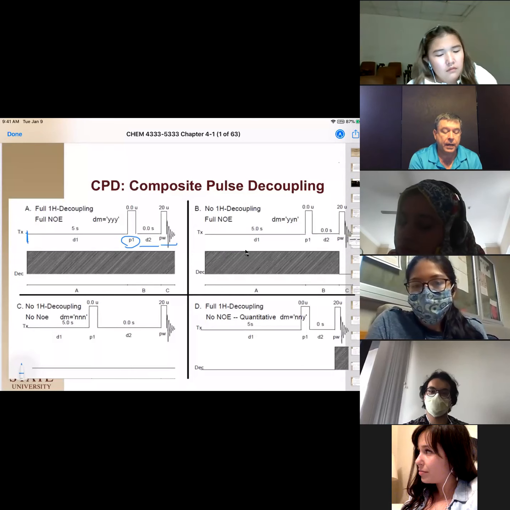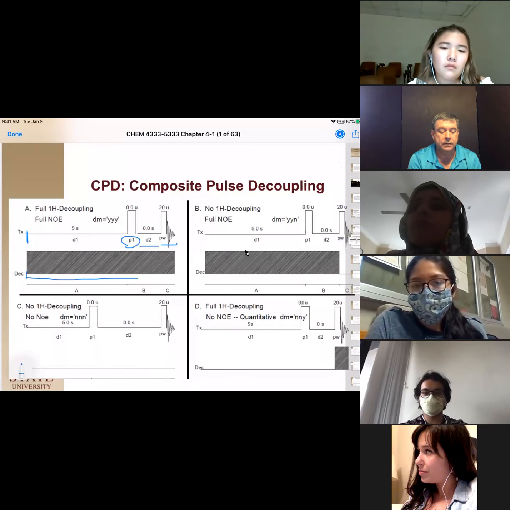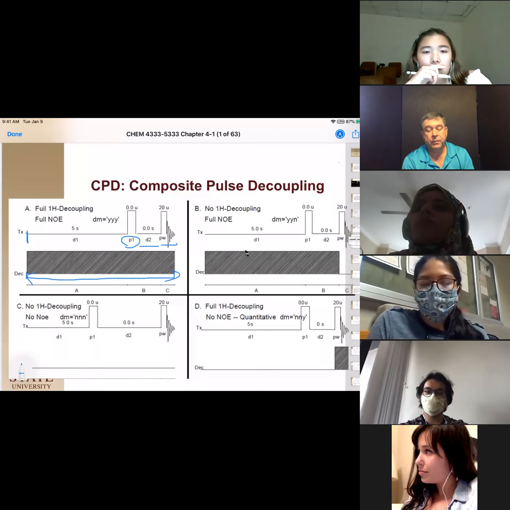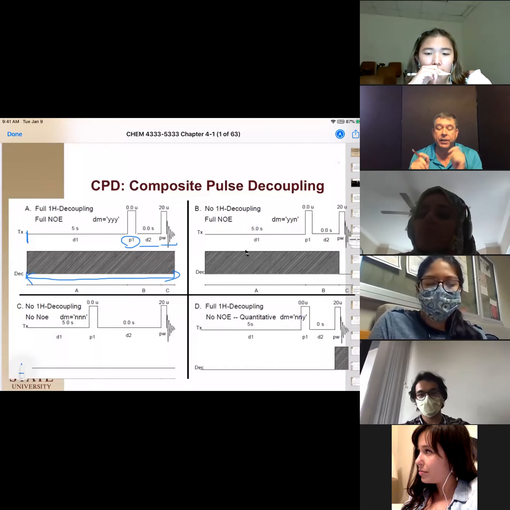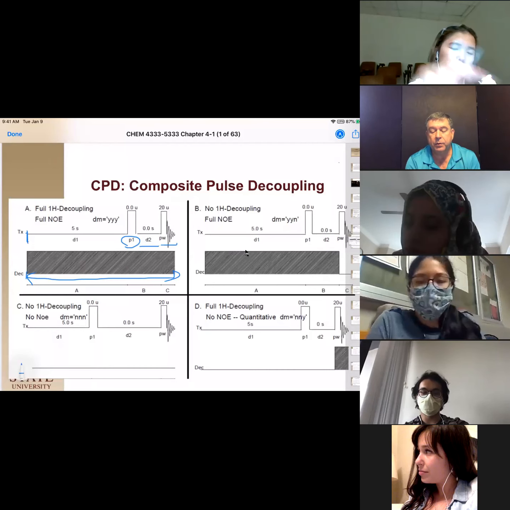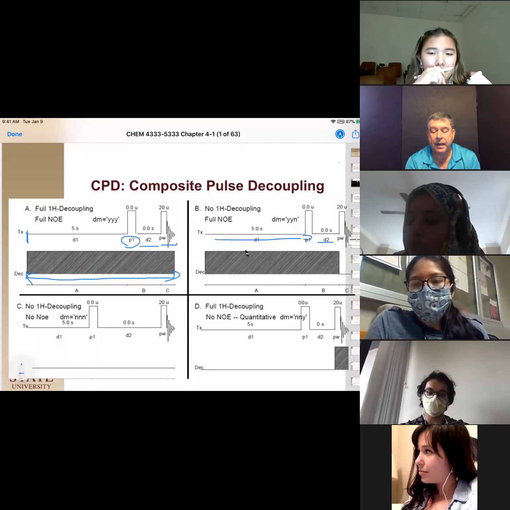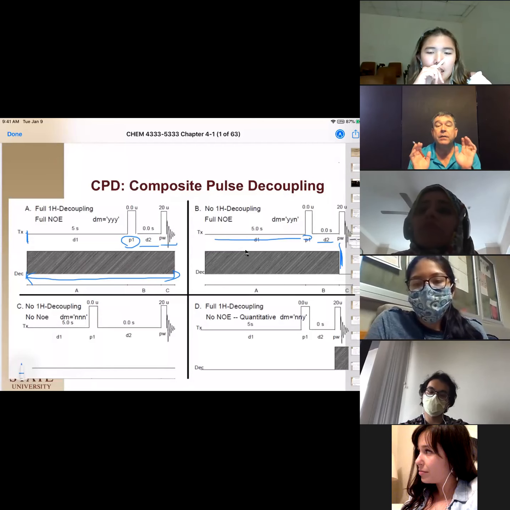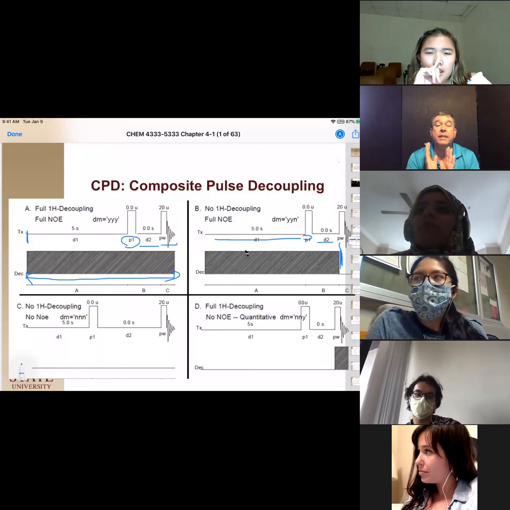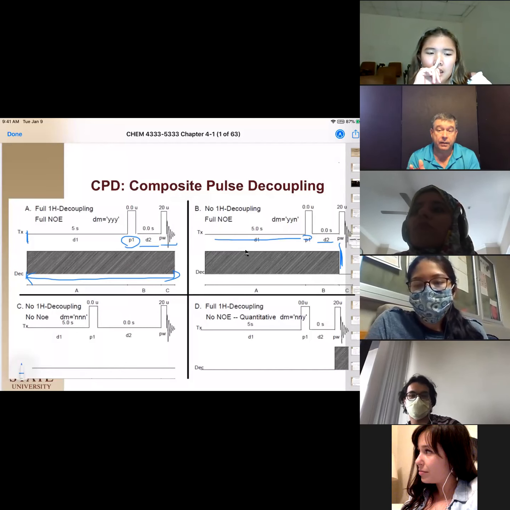And so when we do that, what we see is that the decoupling actually happens across the entire time regime of our experiment. So if we changed this and we didn't do our proton decoupling, we would have that same delay at the beginning. We'd have our pre-pulse, we'd wait, and then we'd have another power pulse where we don't do the decoupling pulse, okay? And therefore, all of the nuclei, the protons and the carbons, are excited in that pulse.